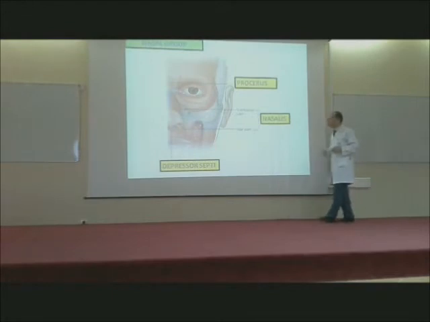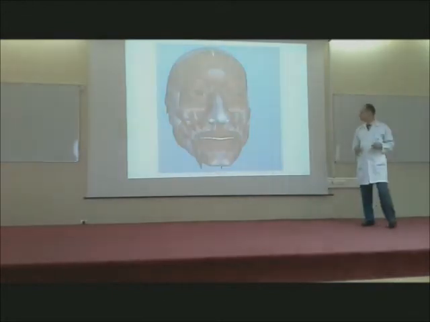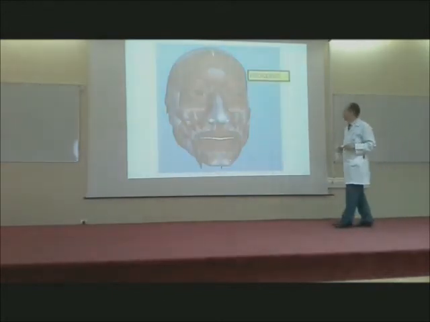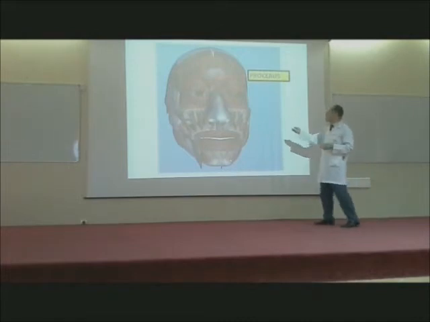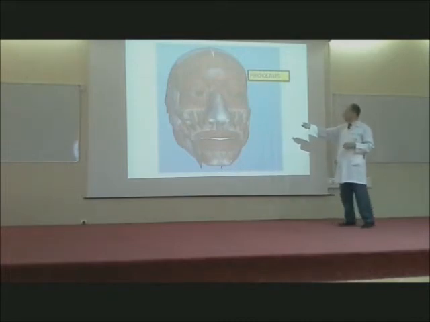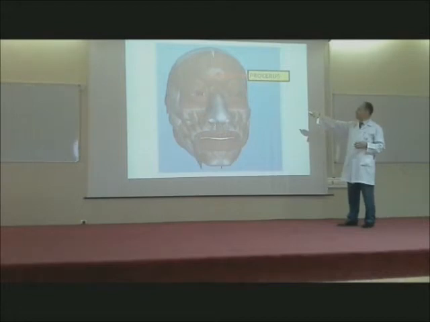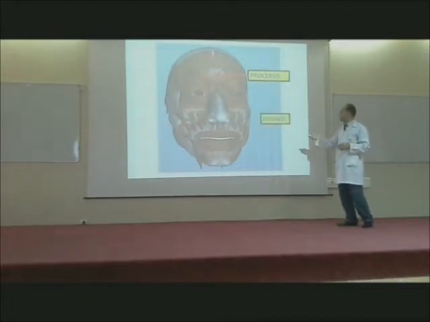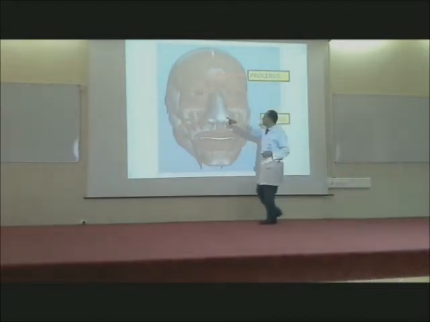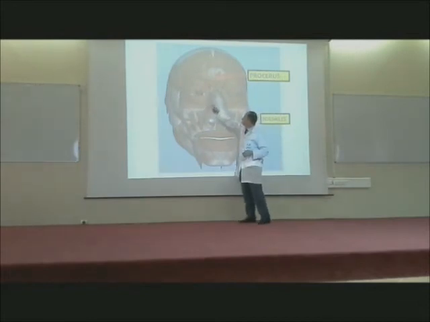We can see another figure. So this is the complete procerus muscle attached between the nasal bone and the skin of the lower part of the forehead, making transverse wrinkling. And we have the nasalis muscle. That part is the transverse part. You see?